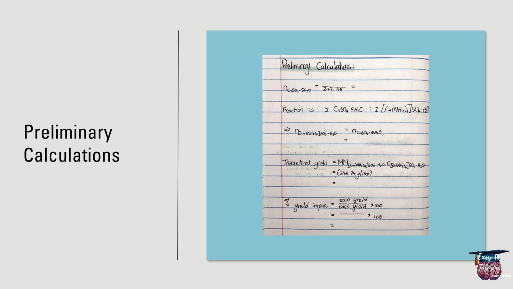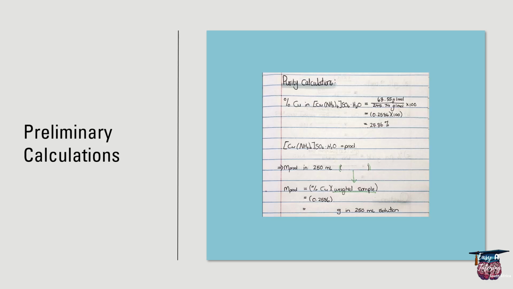So finally, as I mentioned before, under the what to report section, we know that we need to go and report our percentage purity of our copper in our final product, and we also know how we prepared our ICP sample.